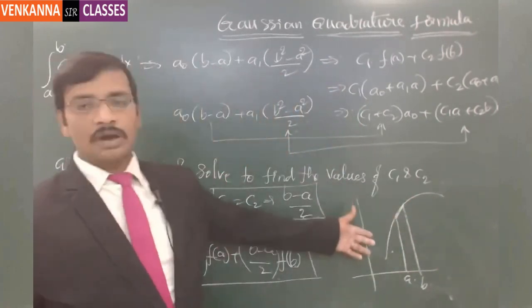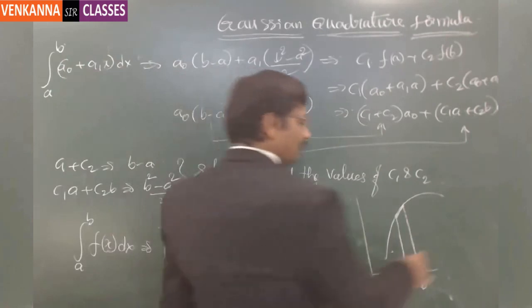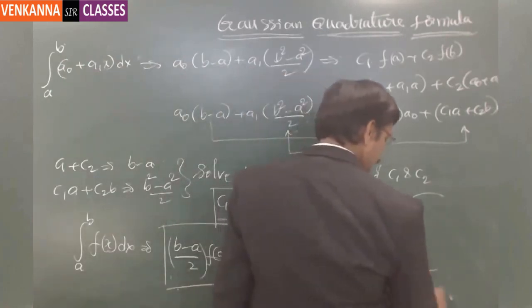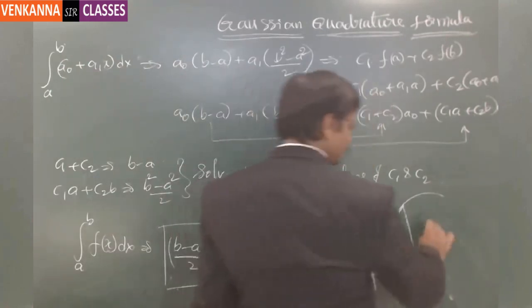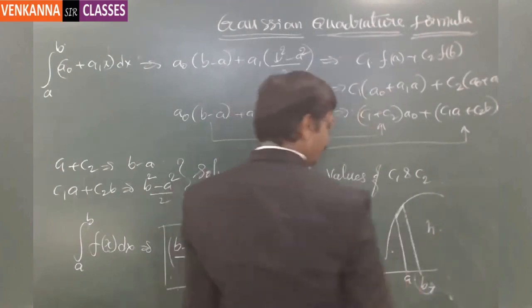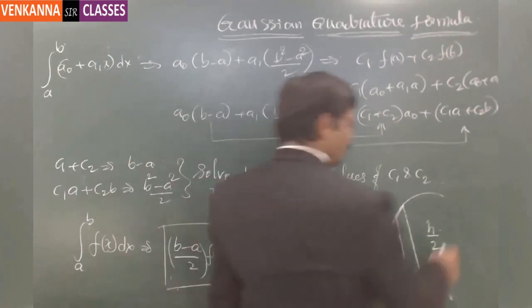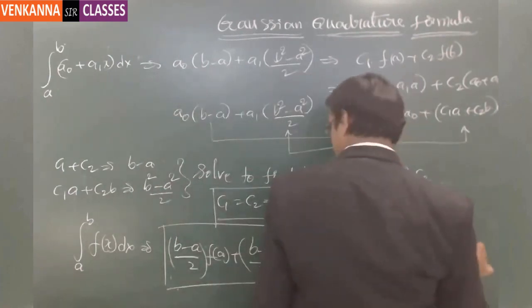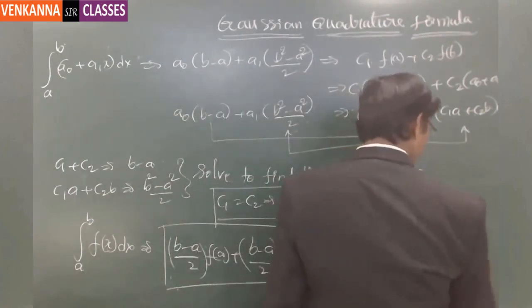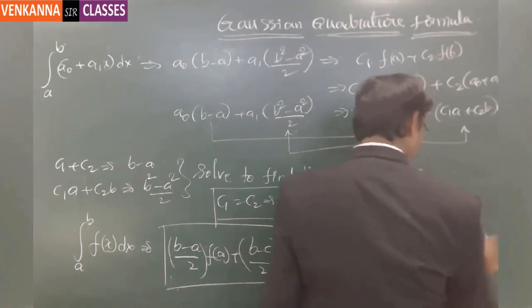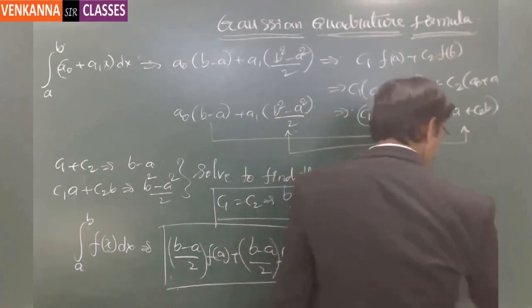So in this format you will find the integral value as b minus a, which is nothing but h. So b minus a by 2 times the functional values y0 plus y1. So this is the value of the integration.